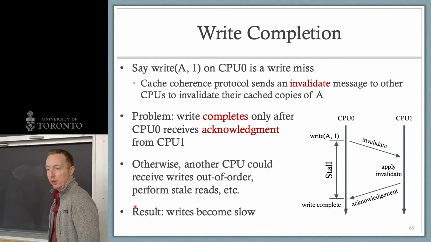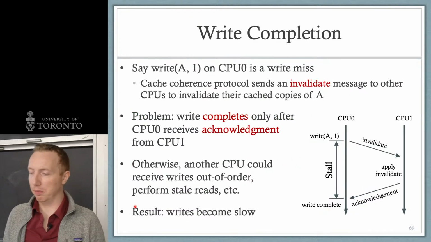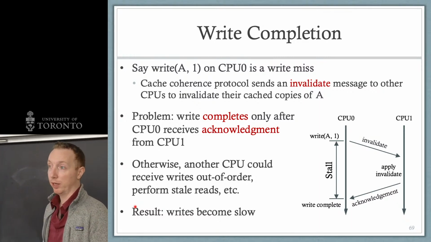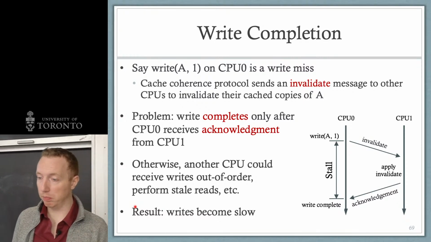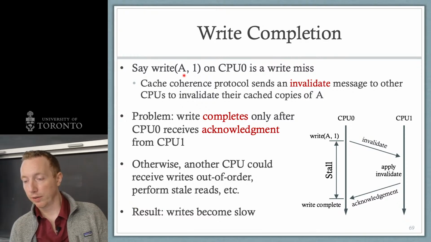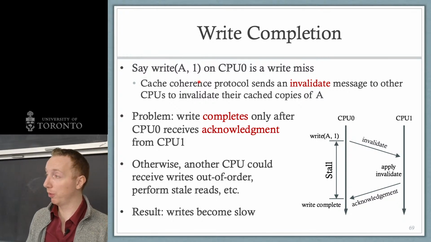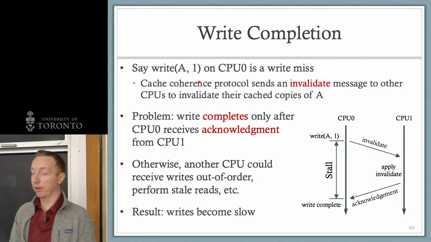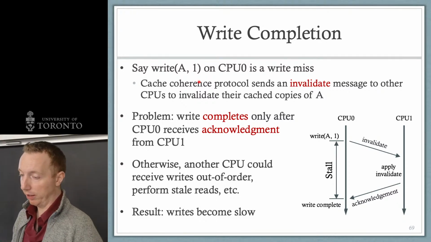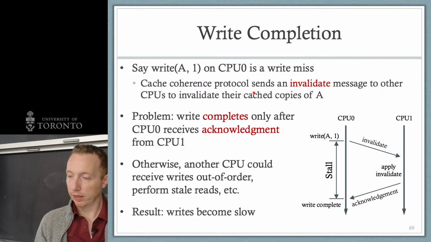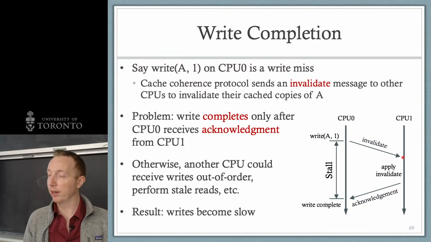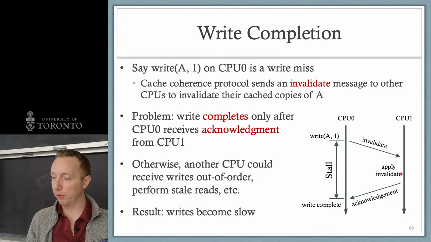So let's say we actually did do this. Say we did a write on a CPU and it's a write miss, so it has to invalidate everything else. The cache coherence protocol that we talked about would invalidate all the other CPUs' cache lines if they have a cached copy of A. To be sequentially consistent, it would have to take some time to invalidate those cache lines.